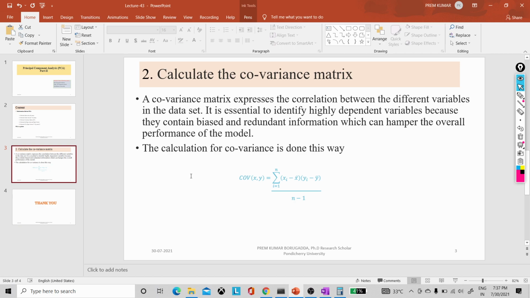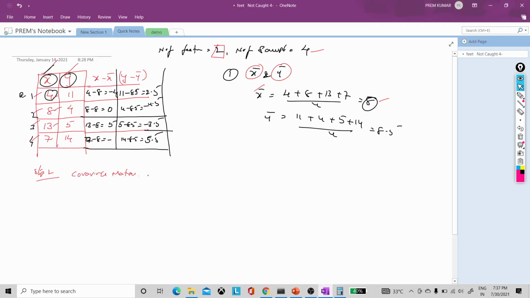It is essential to identify the highly dependent variables because they contain bias and redundant information which can hamper the overall performance of the model. The covariance matrix can be calculated with the help of this formula: sigma i equals 1 to n, (xi minus x bar)(yi minus y bar), divided by number of observations minus 1.